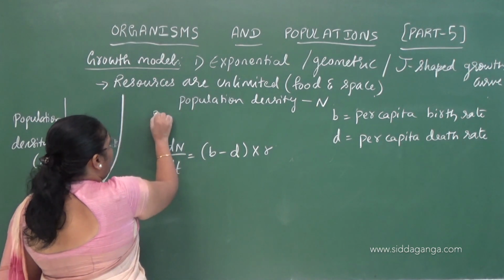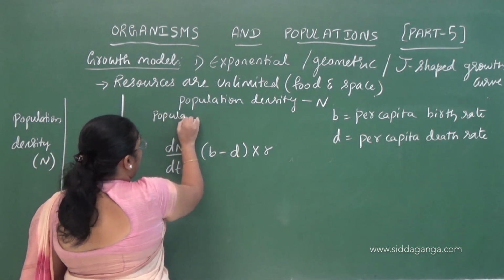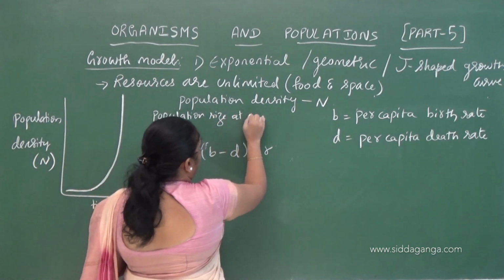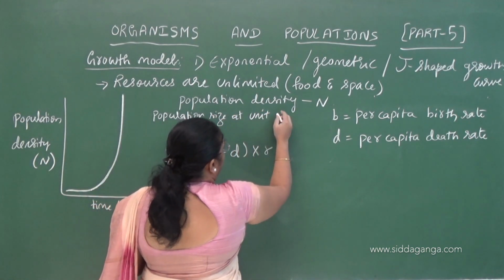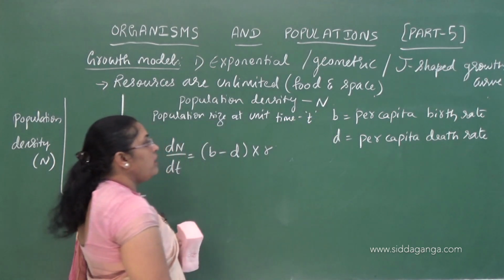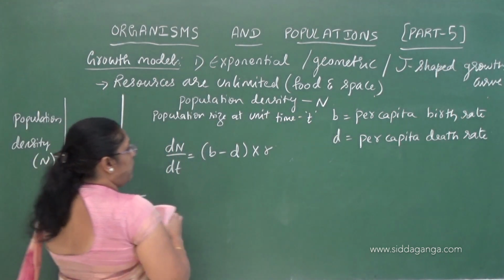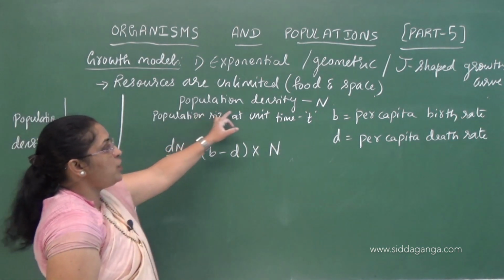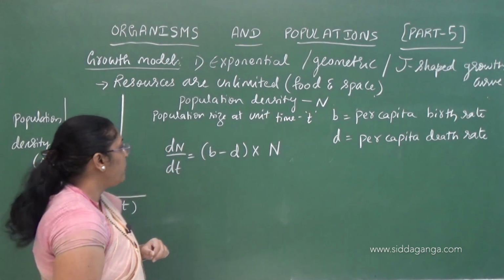Then the population size at unit time t is given by N_t = N_0 e^(rt), where N_0 is the initial population size.